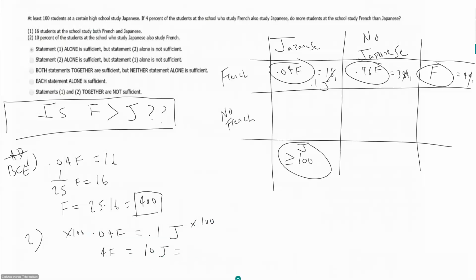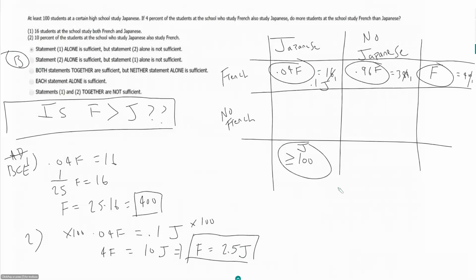And so my French students are equal to 10 over 4 times J. 10 over 4 is 2.5. So if my French students are 2.5 times my Japanese students, then I certainly have more students studying French than Japanese, and this statement is sufficient, and B is our answer.